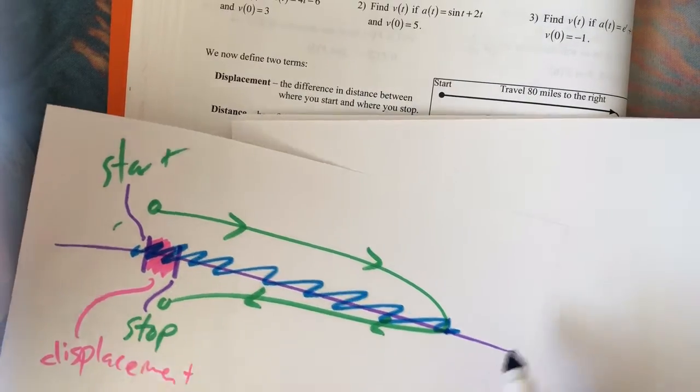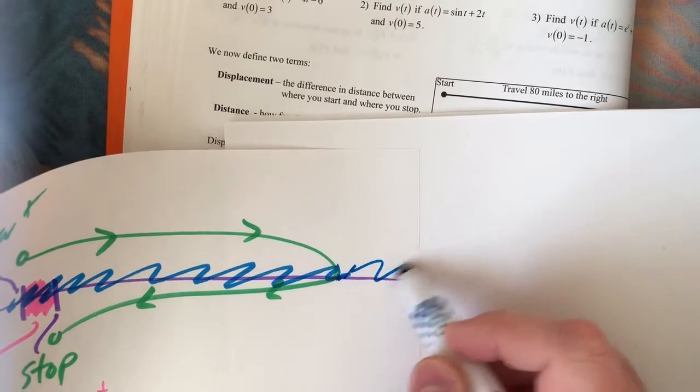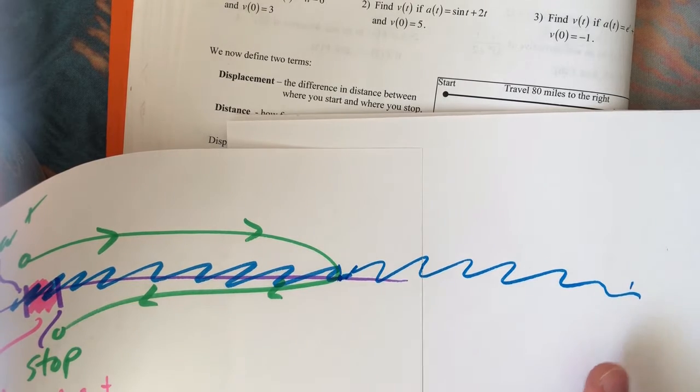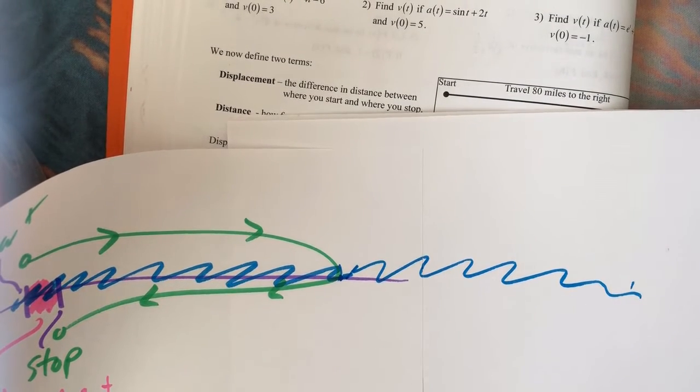So the distance we traveled was actually that much. And that's like saying, if I walk to the store and walk home, in one sense we could say I went nowhere, because I ended up where I started. My displacement is 0. In the end, I'm displaced 0 from where I started. But my legs will be tired because I did travel. The distance I traveled was whatever it is to the store plus whatever it is home.